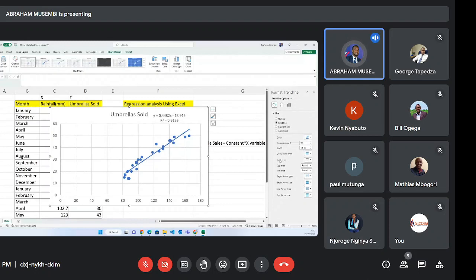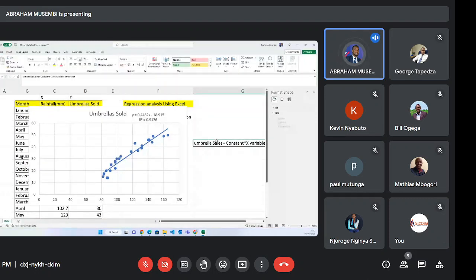Okay, good. Now we have our model. Our constant here is the coefficient of the x variable, that is 0.4482.